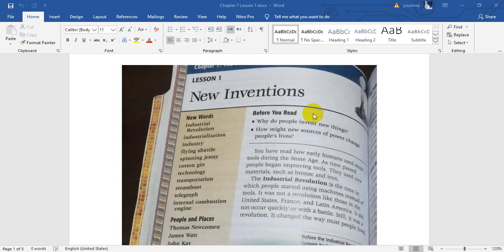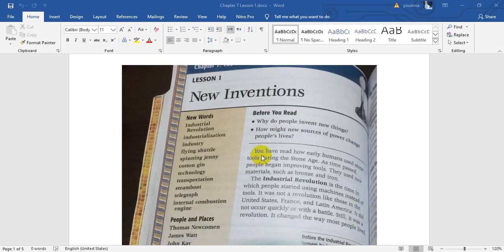But this time we are going to talk about new machines that entered the people's life that made them change a lot of things in their lives, but to be better and to be easier. So, Lesson 1 is called New Inventions. Okay, so let's begin.